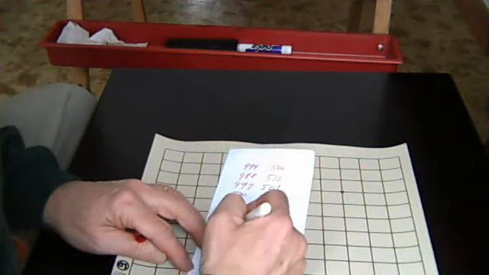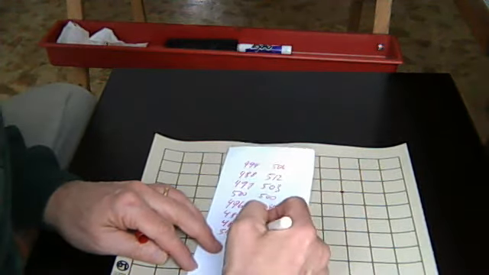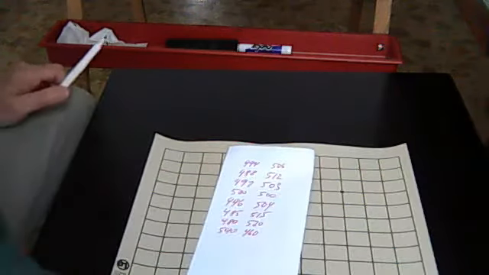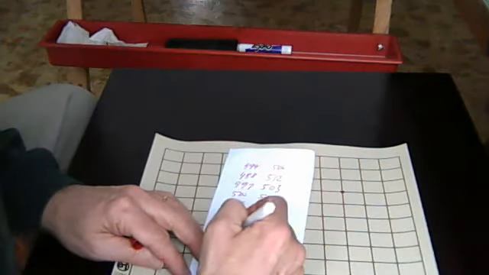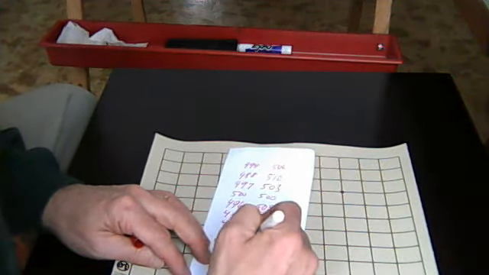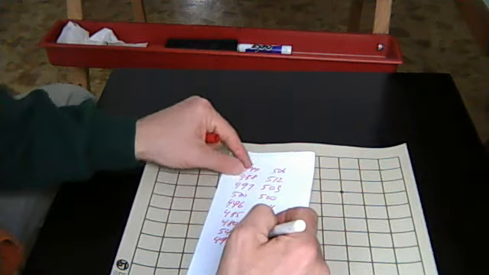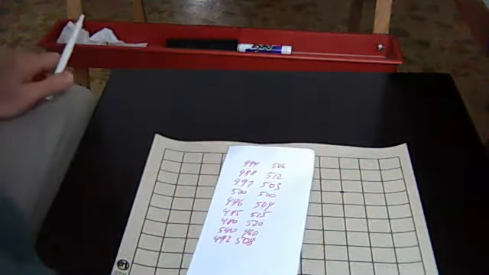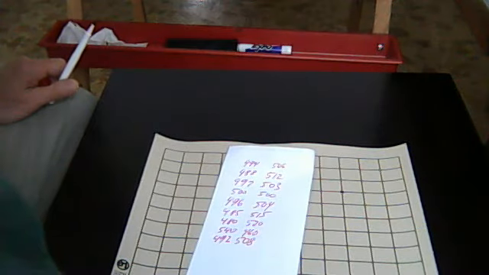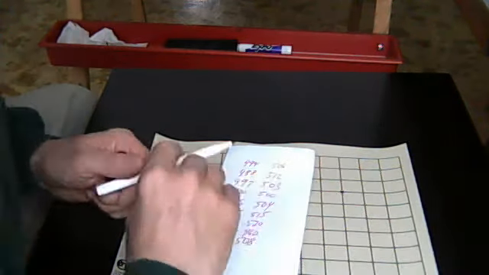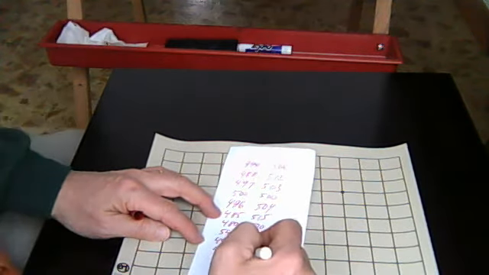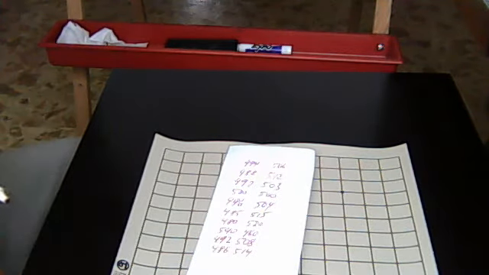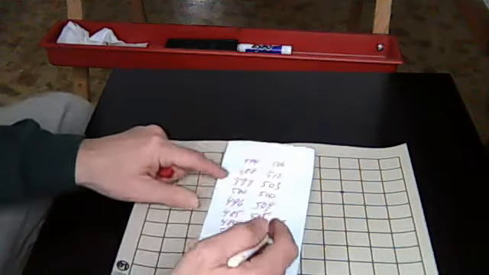Then 540, 460. Then 492, 508. Let's see, I'll do one more. That'll make 10 trials. 486 and 514. So you see the largest error here would have been, it looks like, 54% to 46%.